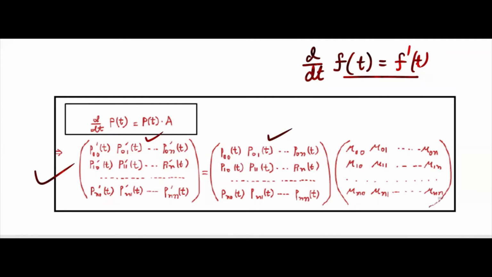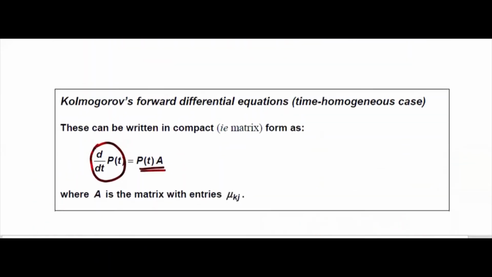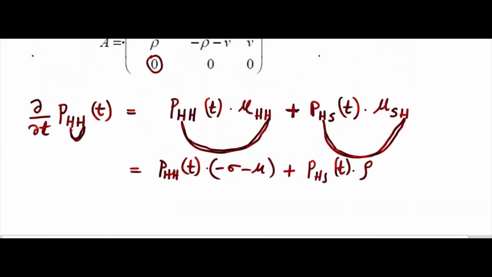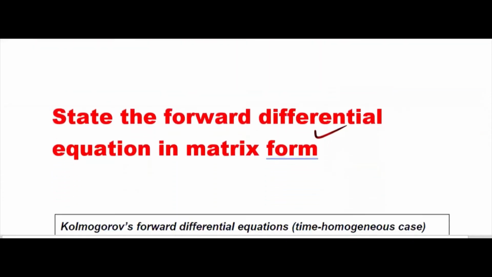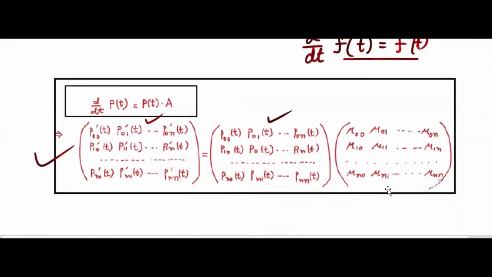If you want to form an equation, suppose all the equations are here, every equation you will get from here. Suppose the same one you want to use here, PHH, H means 0, the first one, P0,0 t. Differentiation, the first one, P0,0 healthy is 0 here, so P0,0 dash t, this is the left hand side.